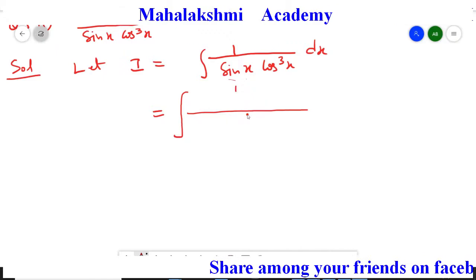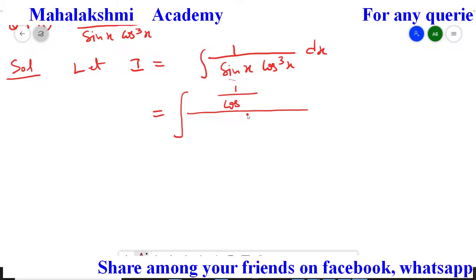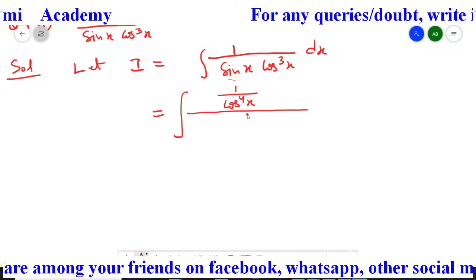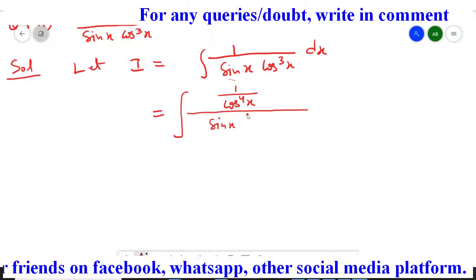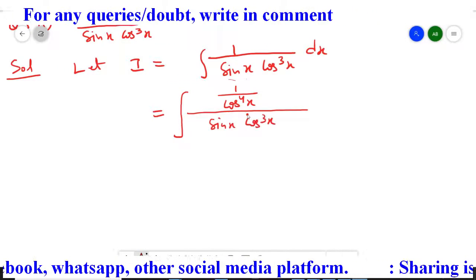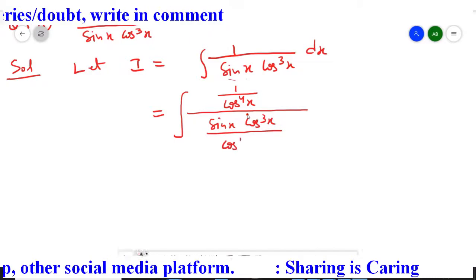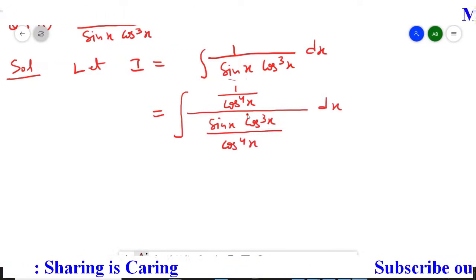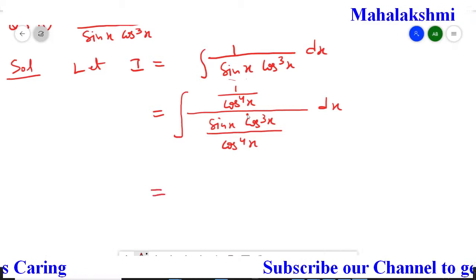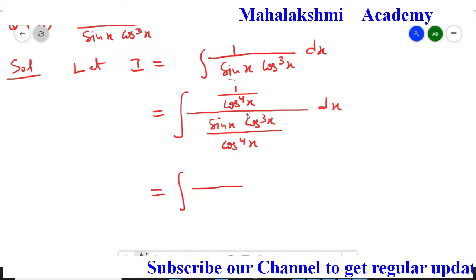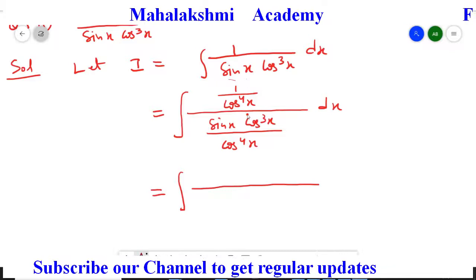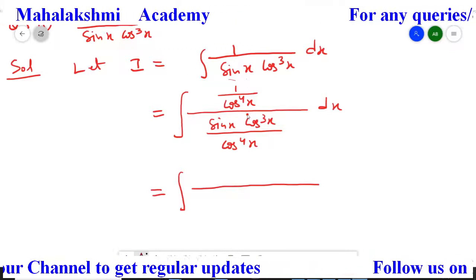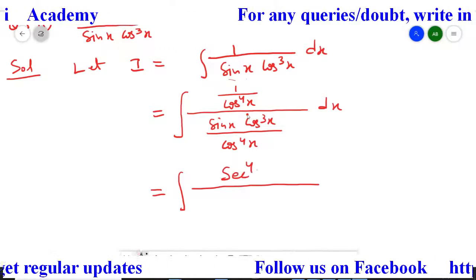So the numerator is also divided by cos to the power 4x, and the denominator is also divided by cos to the power 4x, and then dx as it is. Here 1 upon cos to the power 4x is sec 4x, I used the reciprocal formula.